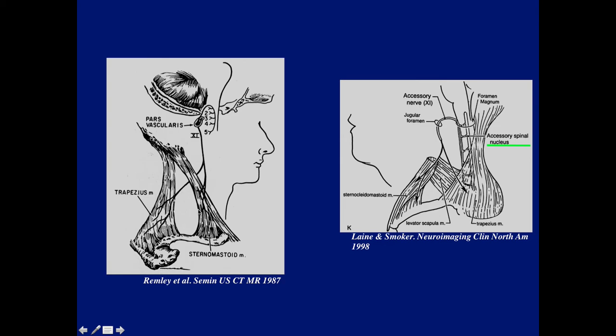Now the two muscles innervated by the 11th nerve are the sternocleidomastoid and the trapezius. And again, you can see the fibers coming up into the cranial cavity, coming out through the jugular foramen.